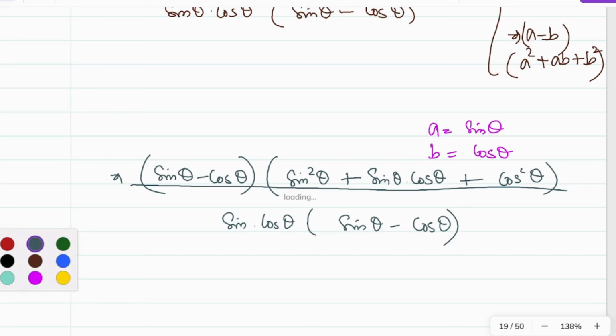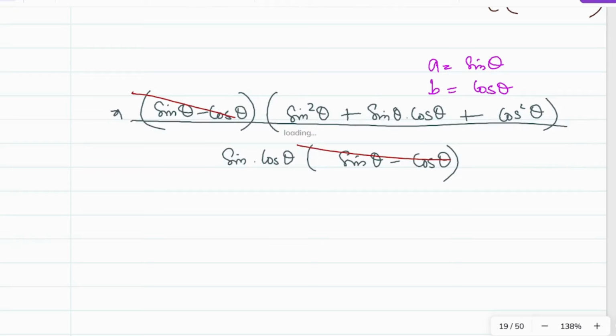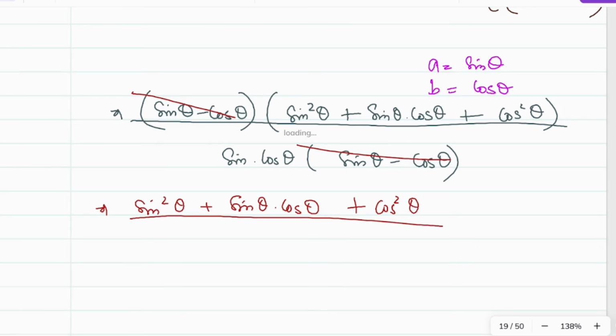Clear? Now this one and this one I can cancel. So what is left over is sin square theta plus sin theta cos theta plus cos square theta divided by sin theta cos theta.